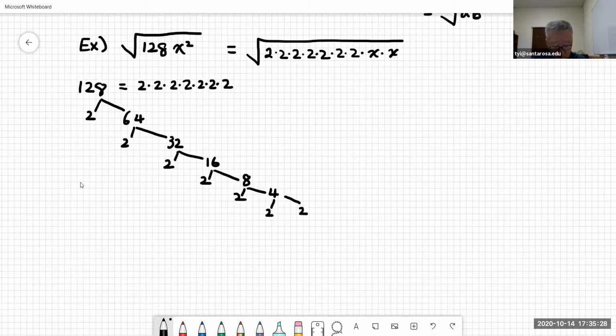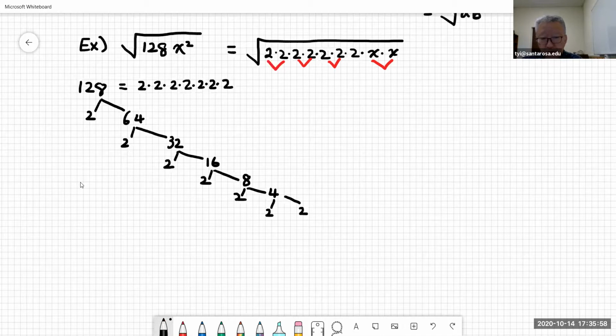So what we require is that we're going to have to pair the numbers and the variables to get them out of the square root. So here we're going to have to pair them like this. Whatever I pair, they're going to come out as 1, 2.